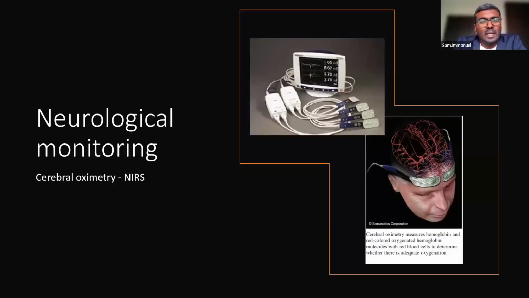We have developed neurological monitors, which tell us how good your perfusion is. So the cerebral oximeter, NIRS, which is real time, is also used to know your regional perfusion, how good your oxygen delivery is, whether your PCO2 is related to your flows, whether the brain is getting adequate flow, or there is an alarm saying that you need to increase your flows or you need to check your hemoglobin, and all those things are vital in pediatrics as well.